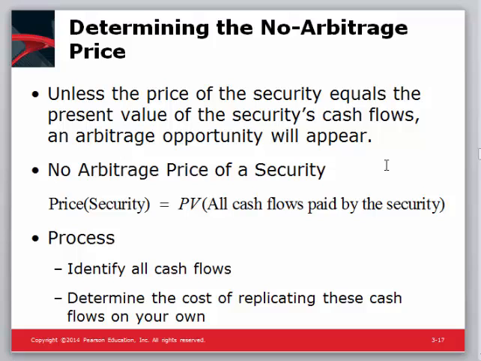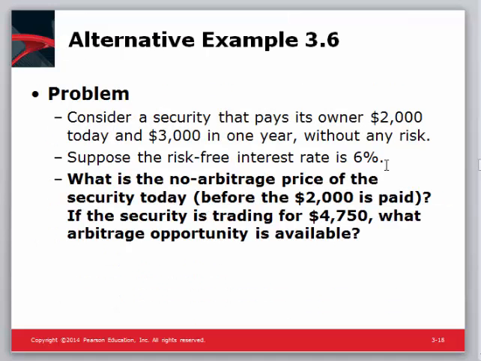We also need to determine the cost of replicating these cash flows on your own. We need two assets, again, the law of one price. We have to create a system of cash flows where there are two things that are identical in nature. If they are identical in nature, they should ultimately have the same price.